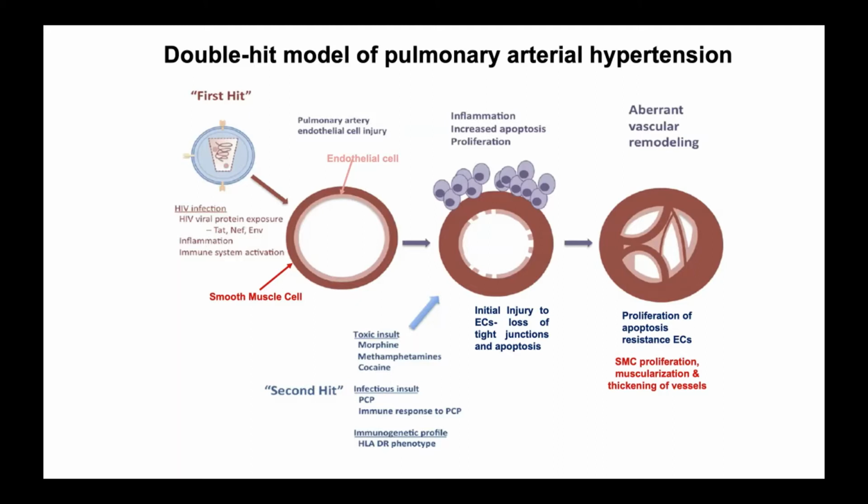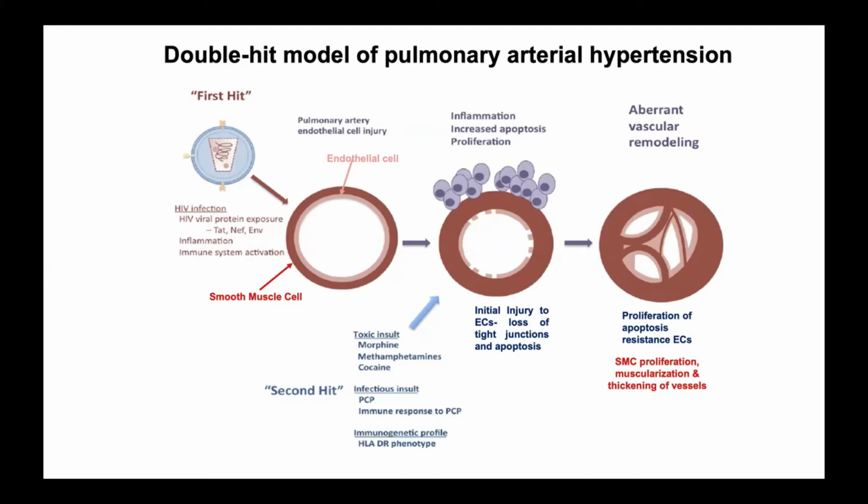Usually the idea is that the viral proteins come from the inflammatory cells surrounding the vessels, and that's how this interaction happens, which causes further injury to the vessels.